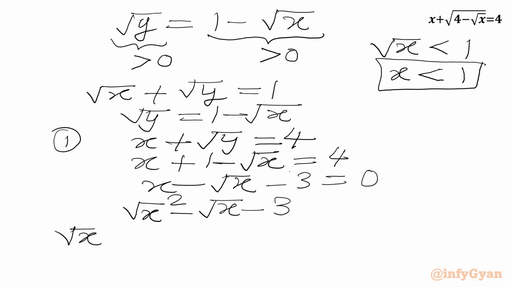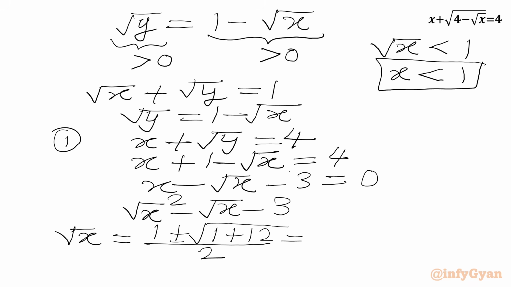We will get the direct value of root x. Minus b, so minus of minus 1, we'll write 1, plus minus square root of b square, which is minus 1 square, 1, minus 4 times 1 times minus 3, the value will be plus 12, over 2 times 1, the value will be 2.